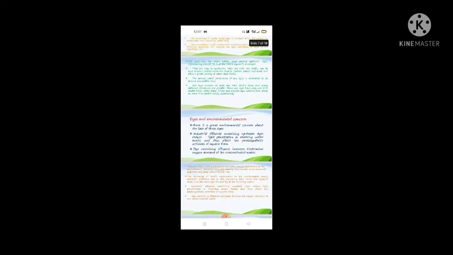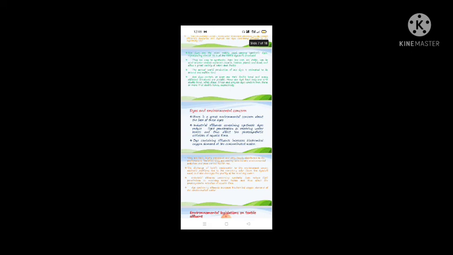Dyes and environmental concern. There is a great environmental concern about the fate of these dyes. When industrial effluents containing synthetic dyes are discharged into water bodies, they reduce the penetration of light in the receiving water, which affects photosynthesis and also has an effect on the aquatic fauna and flora present in those water bodies.